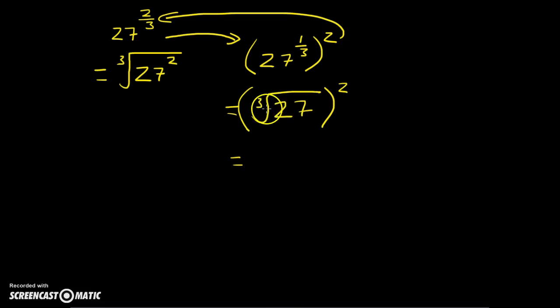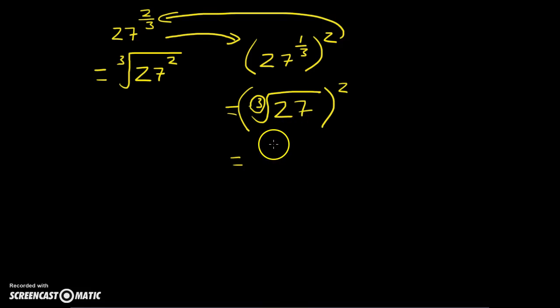Now, how do we find the cube root of 27? Well, we think, what number multiplied by itself 3 times, so the little root bit helps us, gives us 27? Well, is it 1? No, because 1 multiplied by 1 multiplied by 1 is 1. Is it 2? No, because 2 multiplied by 2 multiplied by 2 is 8.